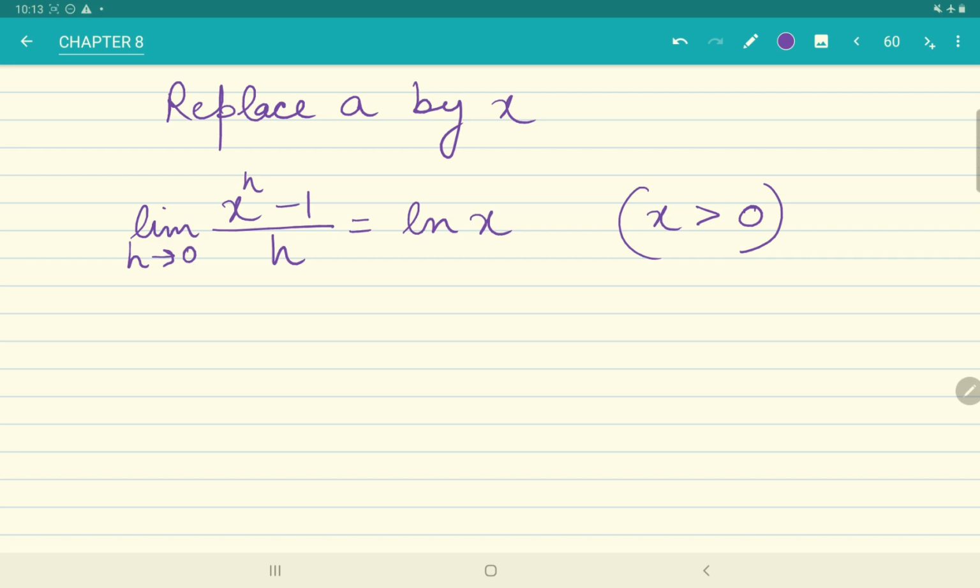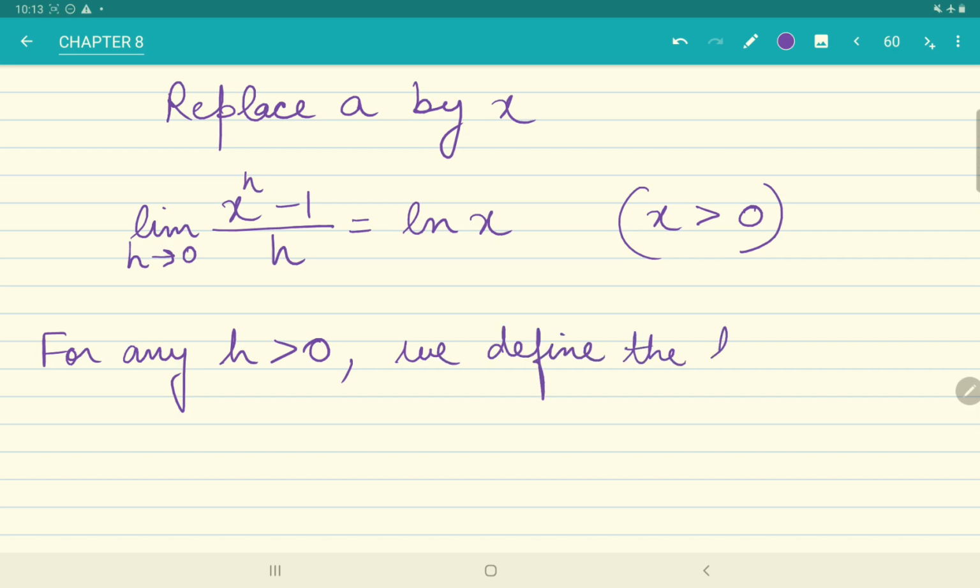We are now going to deal with this. We take up any h greater than 0, and then we are going to define a function. We define the function g h by this.